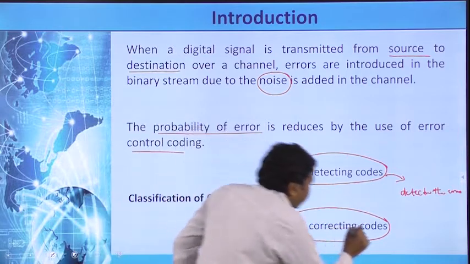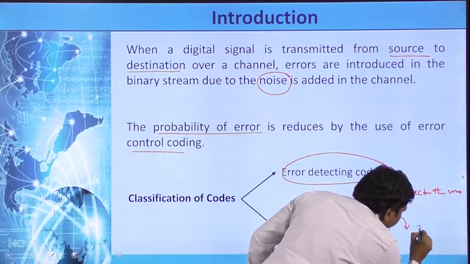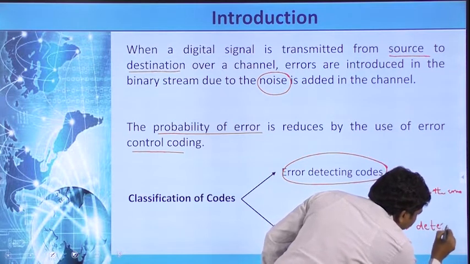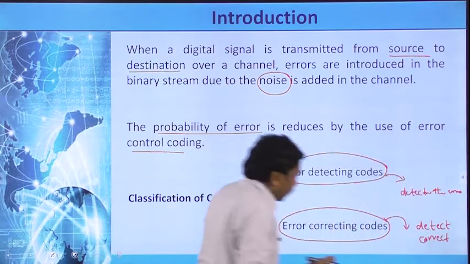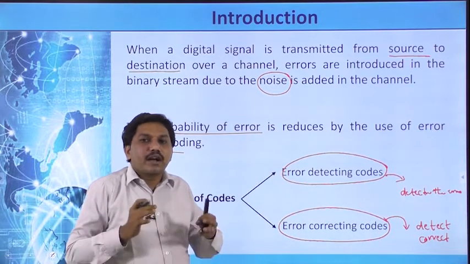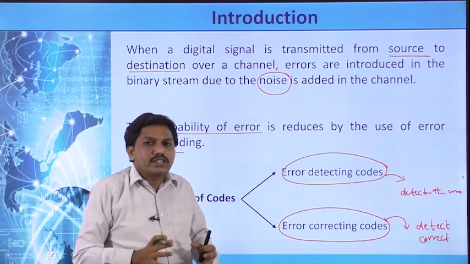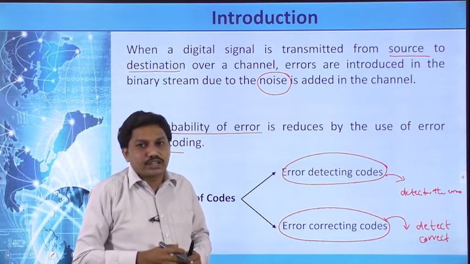Whereas error correcting codes are capable of detecting the errors as well as correcting those errors.